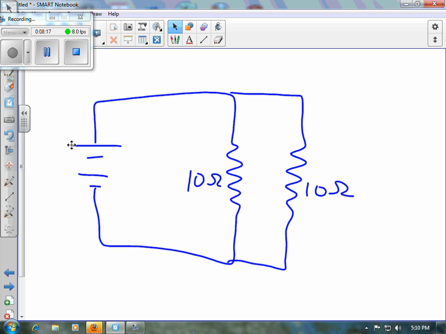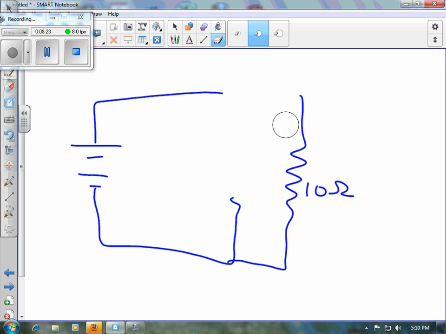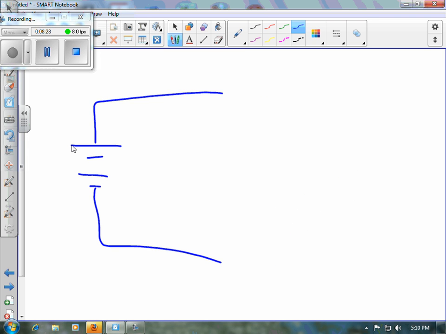You simply go like this. You would redraw the circuit as a circuit with one resistor, and this is a 5 ohm resistor. That's the equivalent circuit. This is the equivalent.